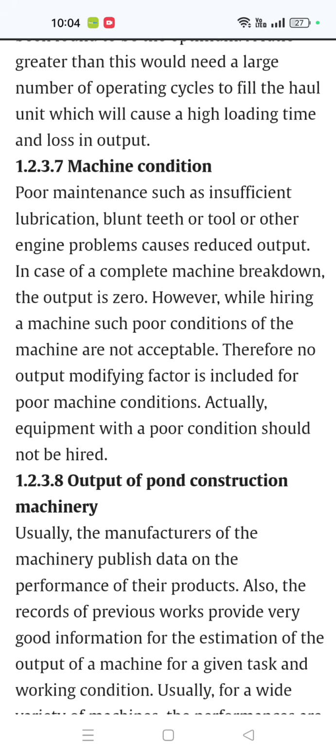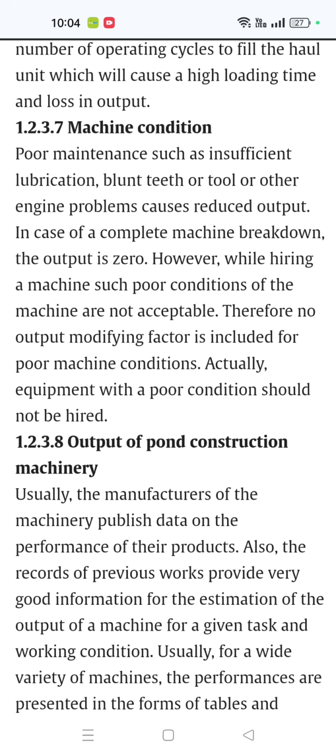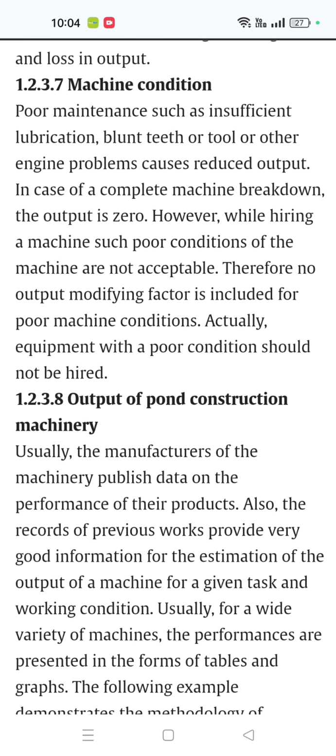1.2.3.7 Machine condition. Poor maintenance, such as insufficient lubrication, or other similar problems, causes reduced output. In case of a complete machine breakdown, its output is zero.